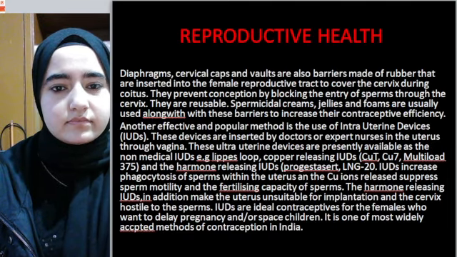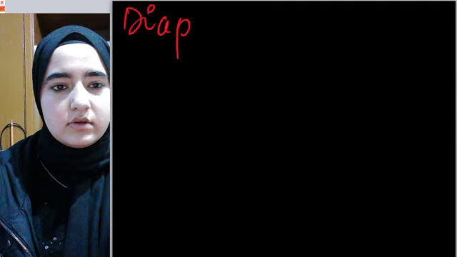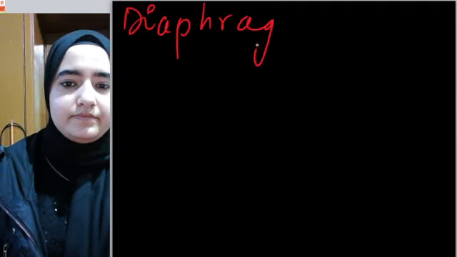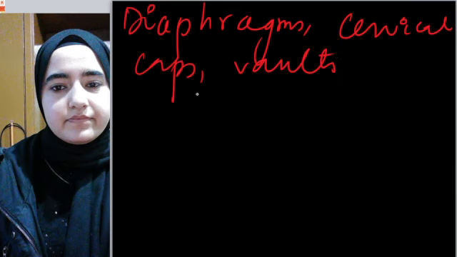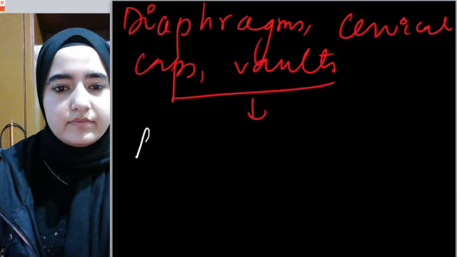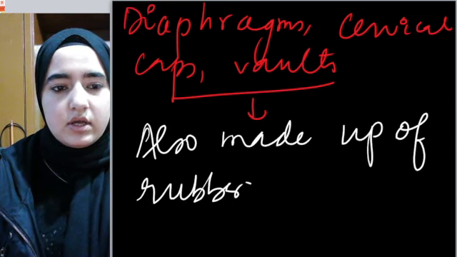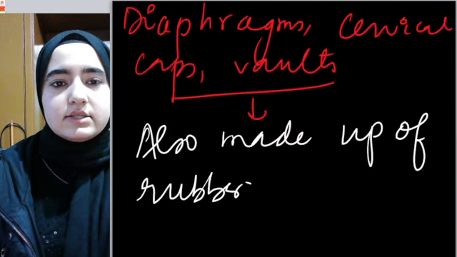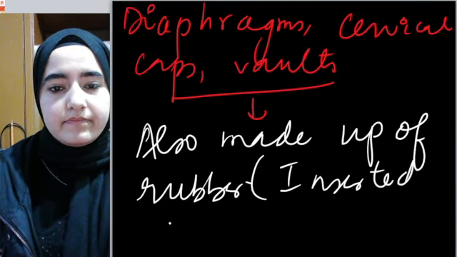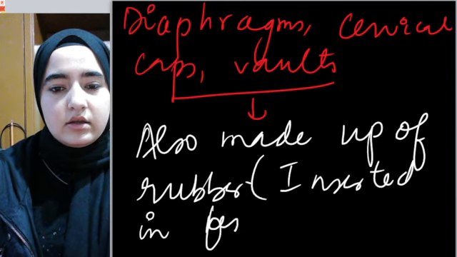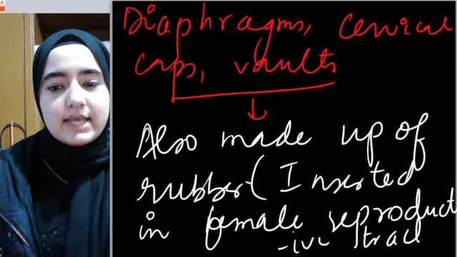We have diaphragms, cervical caps, and vaults, which are also made up of rubber, but they are inserted into the female reproductive tract, not the male reproductive tract.